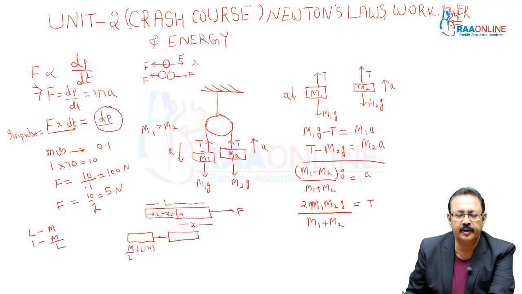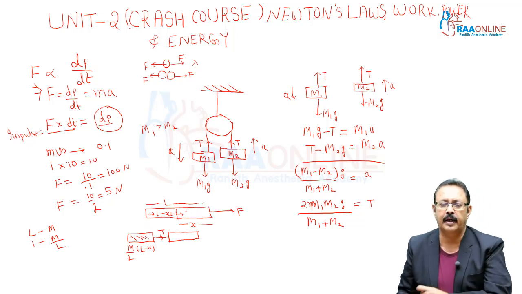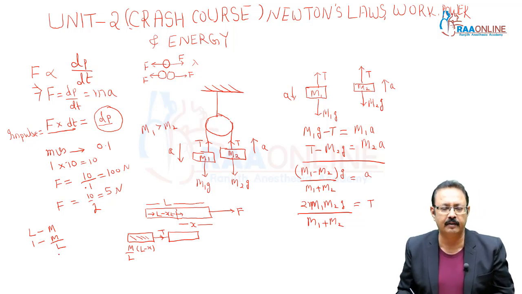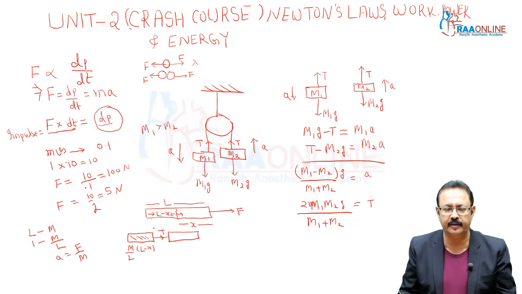And the role of tension is to pull this part with the same acceleration with which the rope is moving. If the mass of the rope is m and you are applying a force of F, the acceleration of the rope should be F upon m. This part is also moving with the same acceleration. So the value of tension should be m upon L, mass of this part, into acceleration.